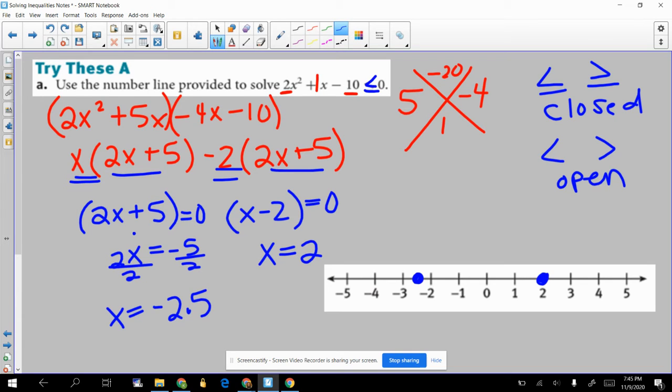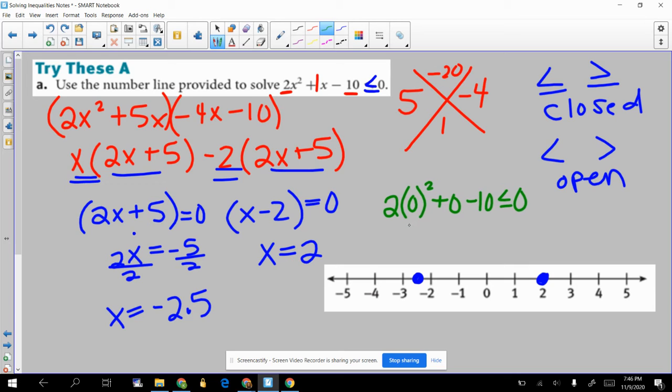Okay. Now, as I mentioned, you're going to want to test a point, and you always want to test a point that falls in between those two values. So I would be testing one of those. I personally am going to test 0 just because it's the easiest. So 2 times 0 squared plus 0 minus 10 is less than or equal to 0.